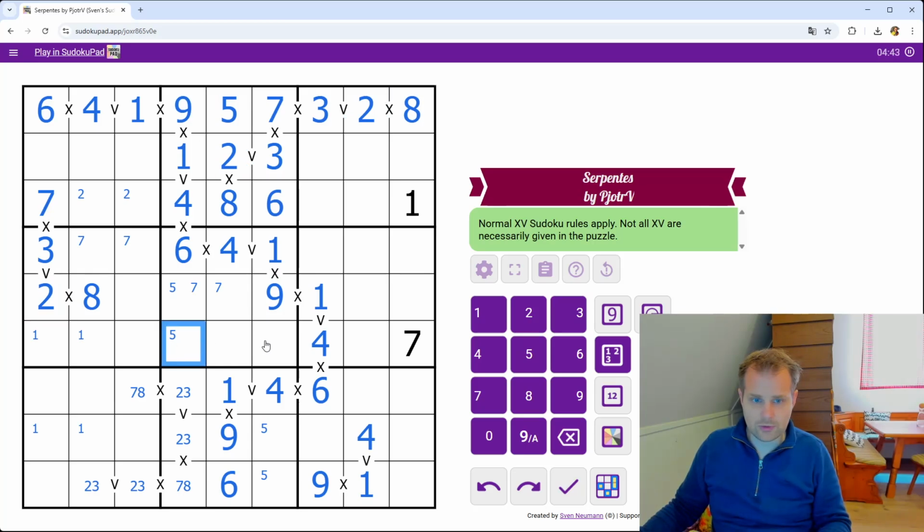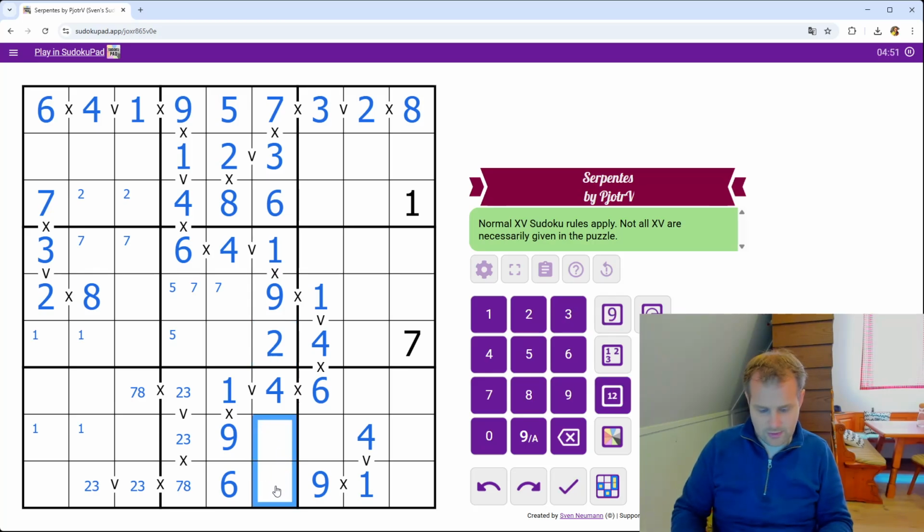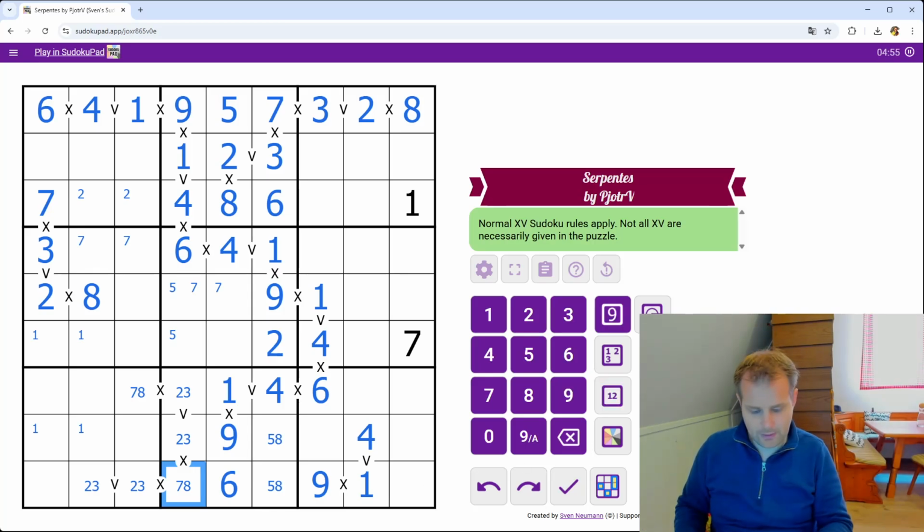The 2 is in one of those two, but it can't be in this one because of this 2-3 pair, so this is actually a 2. And that makes this a 5-8 pair, so that makes this a 7, 3, 2, 8, 3, 2.